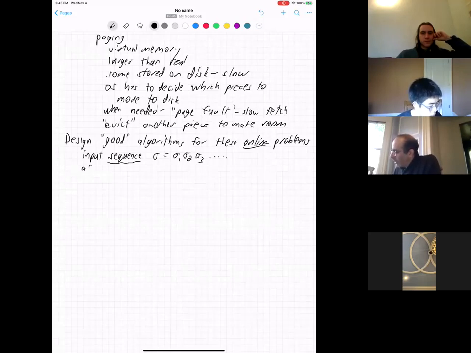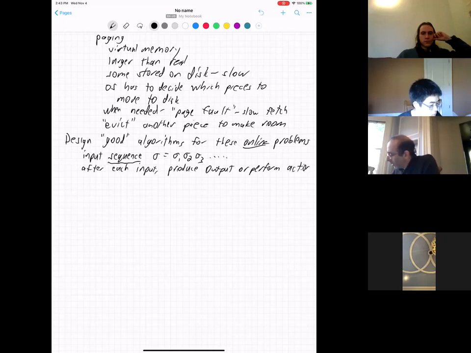And the idea is that after each input, you have to produce an output or perform an action. And you want to optimize your cost, right, of all of these outputs or actions.